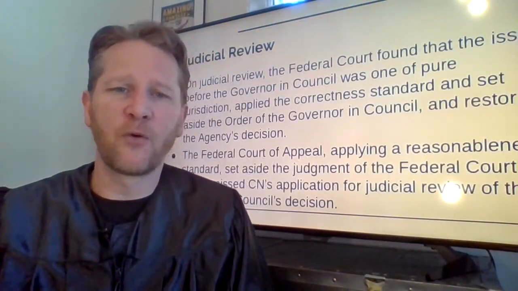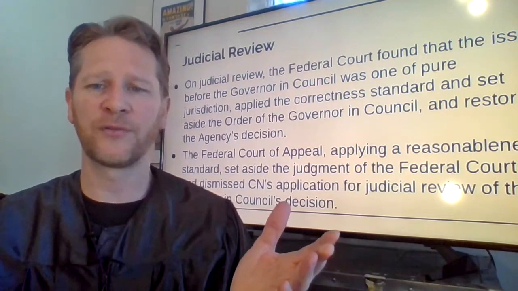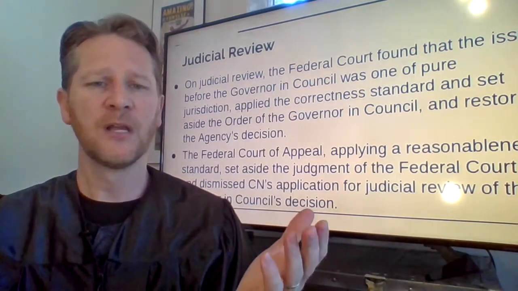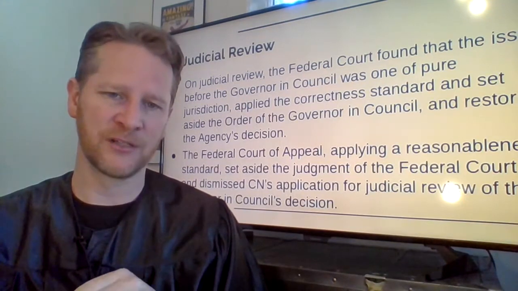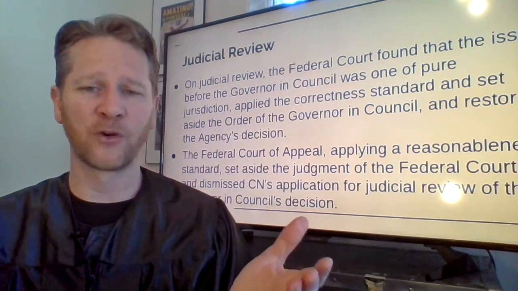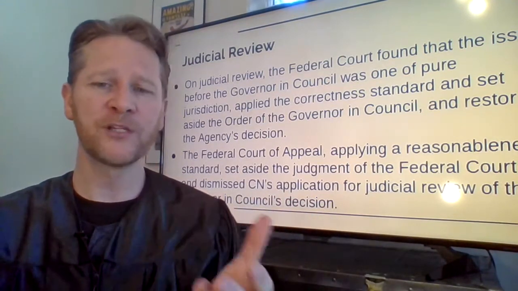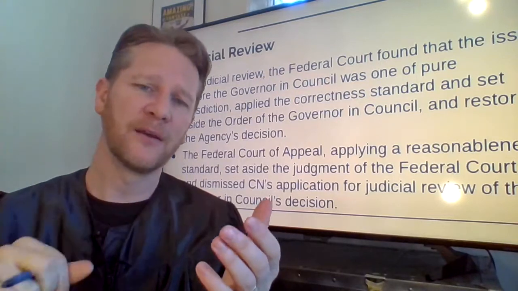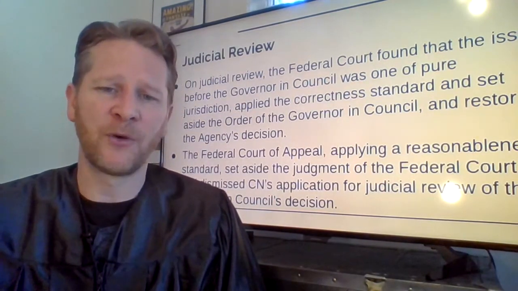Initially, the Federal Court says that it's jurisdiction and that it has nothing to do with the Governor General, so it goes back to the transport agency's decision. And then the Federal Court of Appeal flips on this and says, no, if we look at this from a reasonable standpoint, then the CTA is incorrect and we will side with CN Rail.